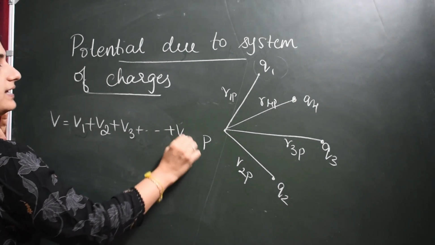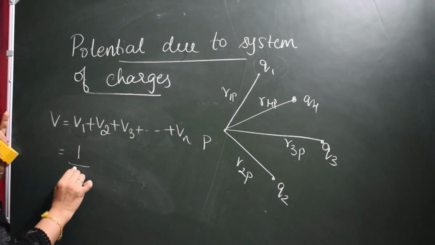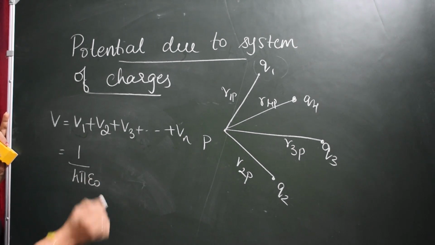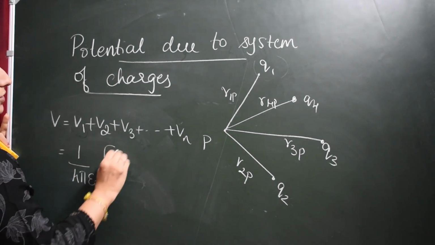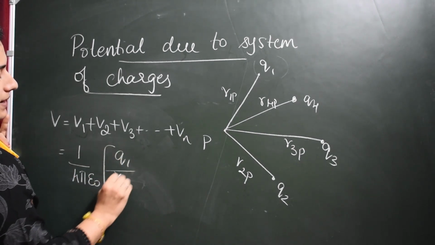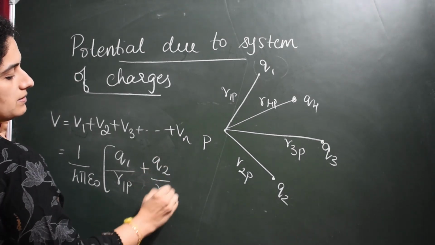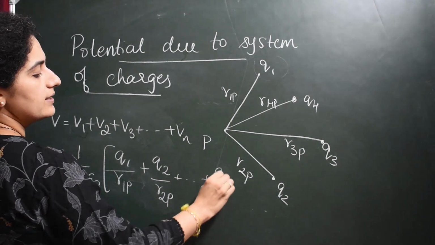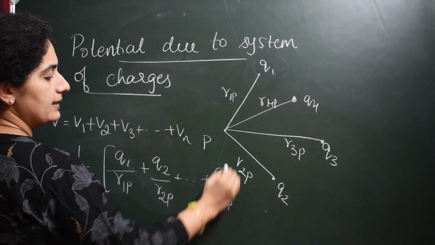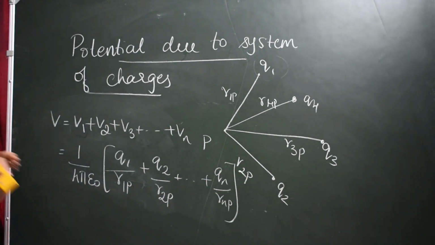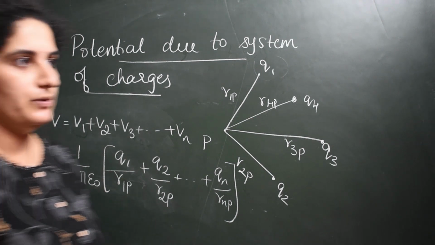So 1 by 4 pi epsilon naught will be common: Q1 by R1P plus Q2 by R2P plus so on up to Qn divided by RnP. So this will be the total potential.